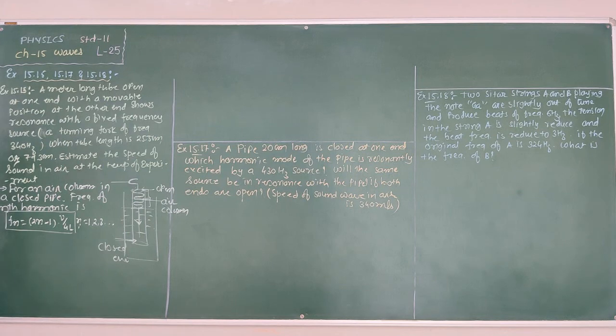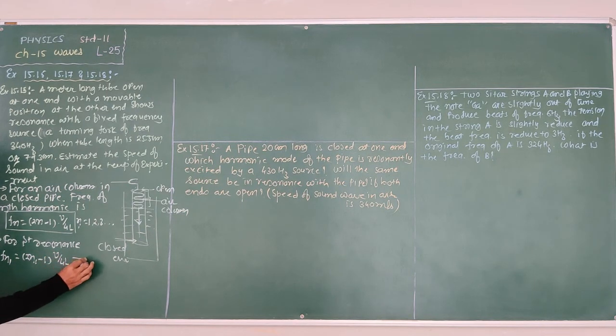Right? Okay. The first resonance occurs at the length L1 equal to 25.5 centimeter. For the first resonance, the frequency Fn1 is equal to (2n1 minus 1) into V upon 4L1. That is equation 1.